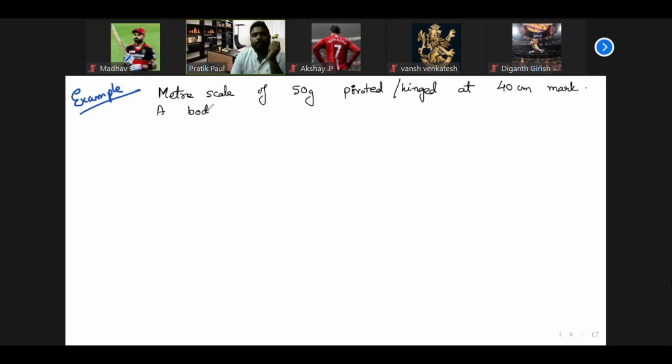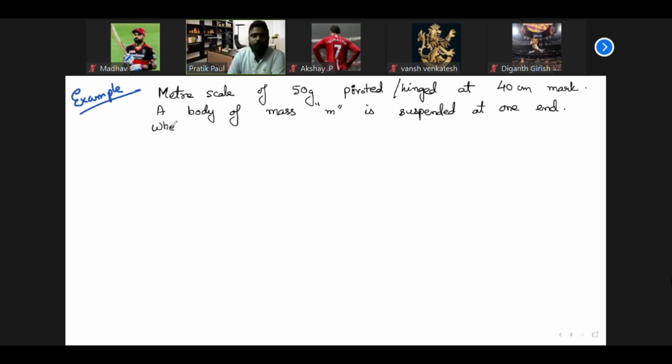I'm not framing it in a proper statement, just get the gist of it. A body of mass m is suspended at one end.